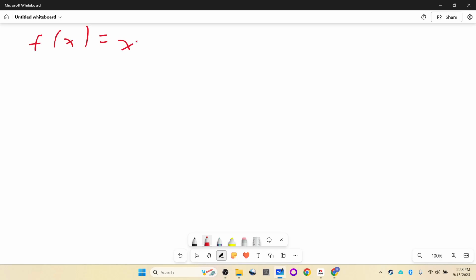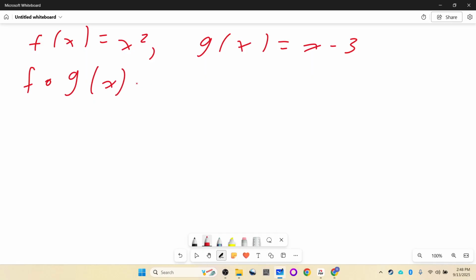f of x is x squared. g of x is x minus 3. So what is f compose g? f circle g of x is the same as saying f of g of x. Let's look at the f function.